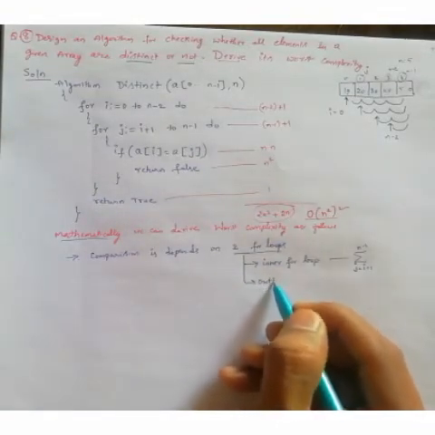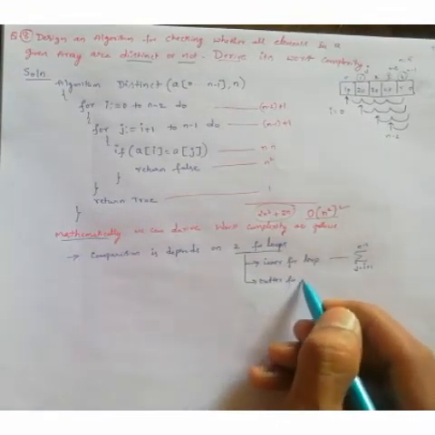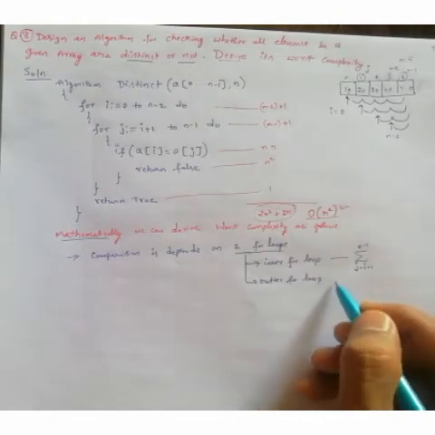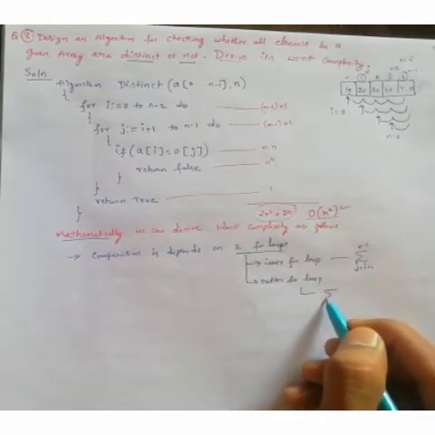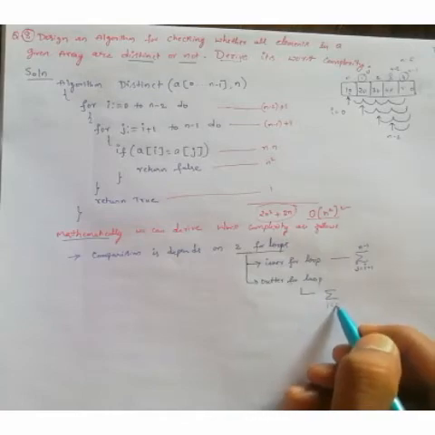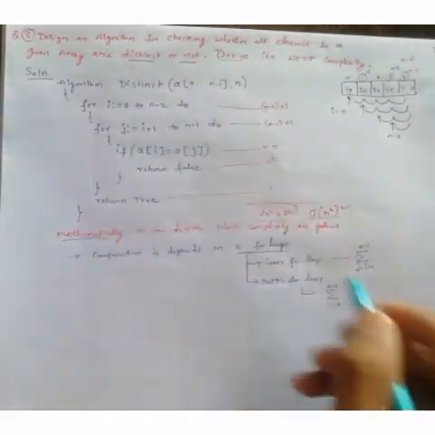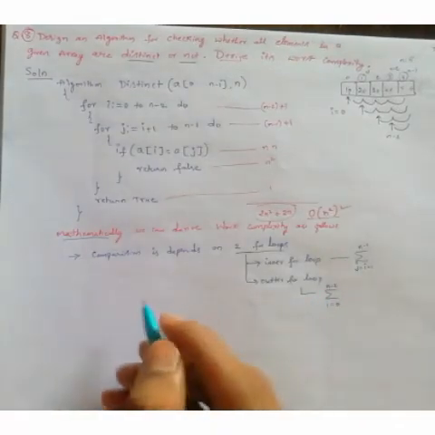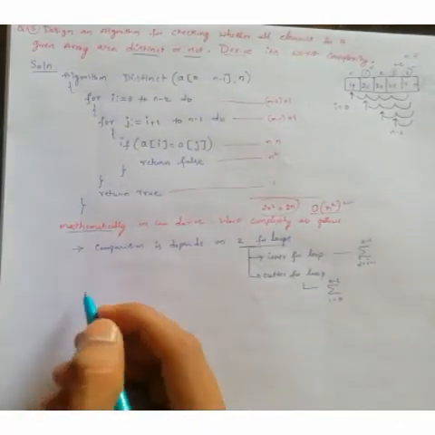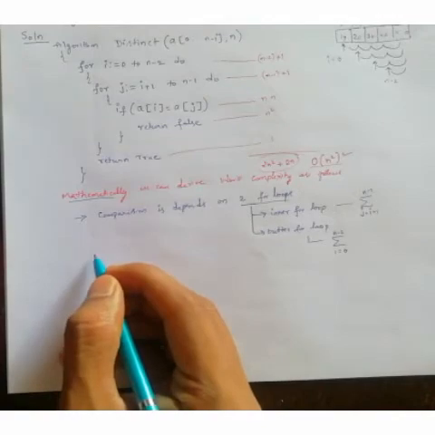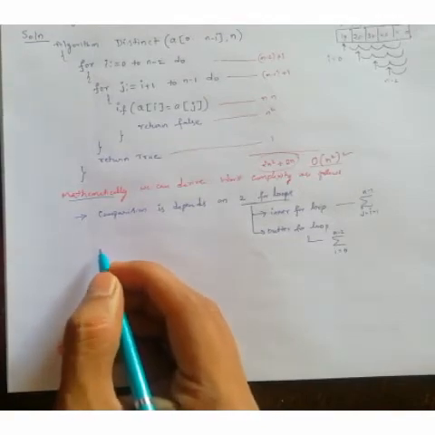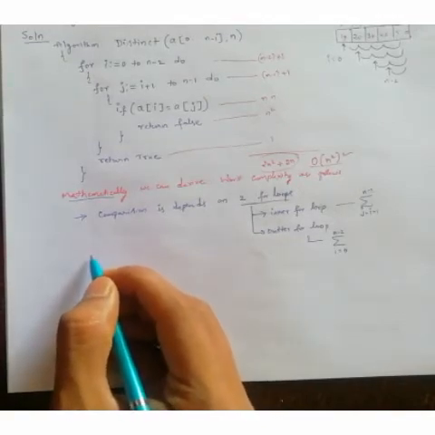Next, the outer for loop. So what is the outer for loop? Summation of I is equals to 0 to how many times? N minus 2 times, like this. So I will combine these two. Now see here. So how to write that?